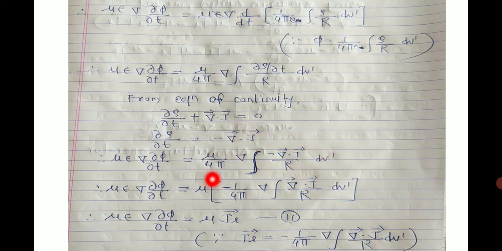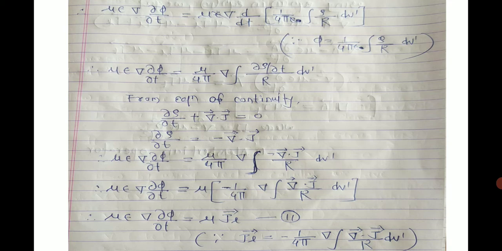Okay. Then this μ will be separated out, and all the terms in the bracket are −1/4π ∇ ∫ (∇·J)/r dV'.